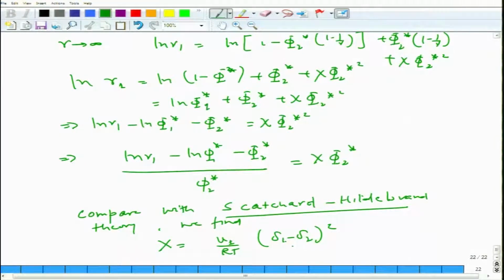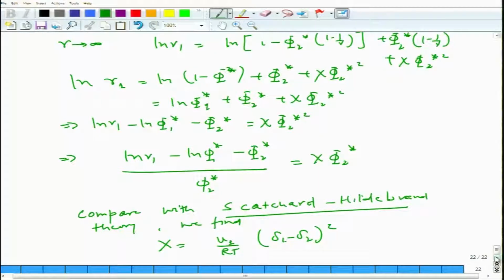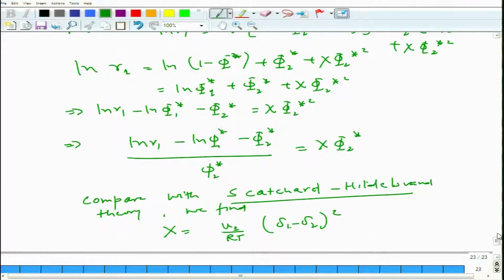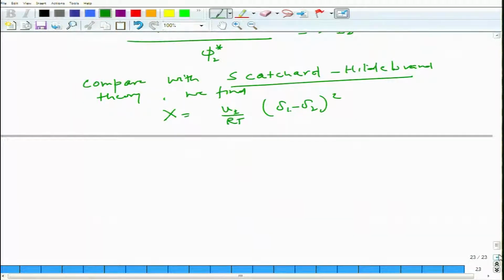So, this is a beautiful way to obtain the chi parameter, Flory's interaction parameter, using the molar volume and solubility parameter of the solvent and polymer solute. So, for a good solvent, usually the chi parameter is less than or equal to 0.